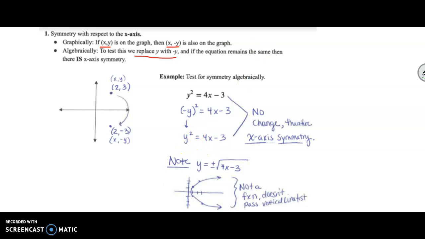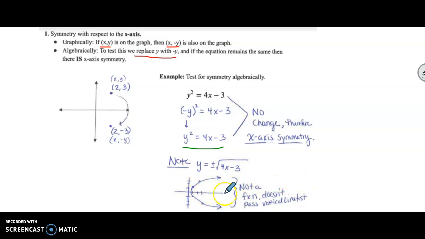So the equation we end up with is the same as the original, and there's no change. Therefore it is symmetric with respect to the x-axis.